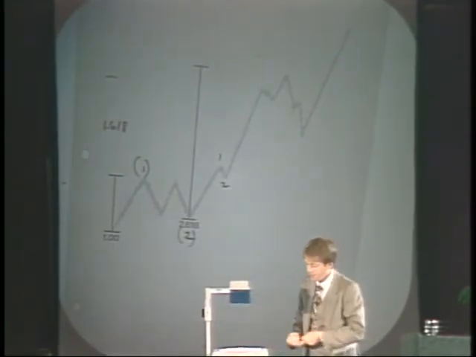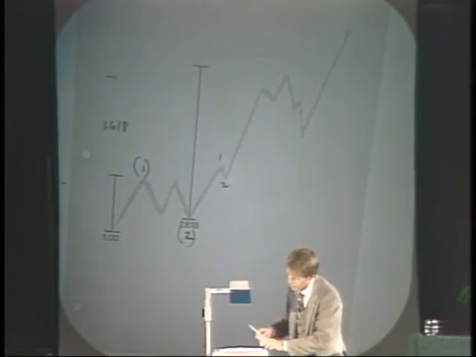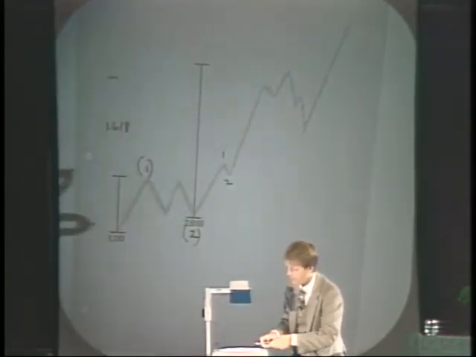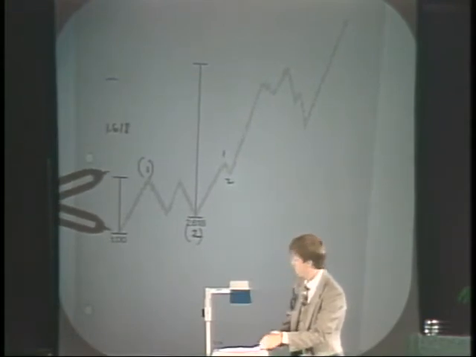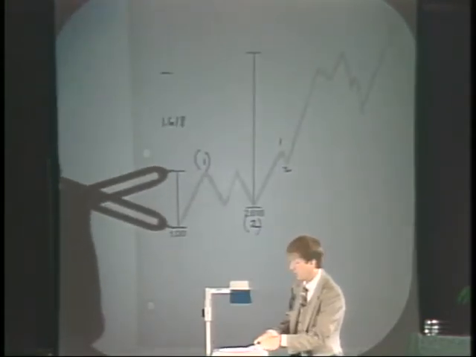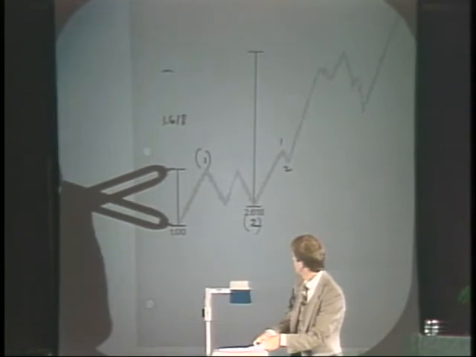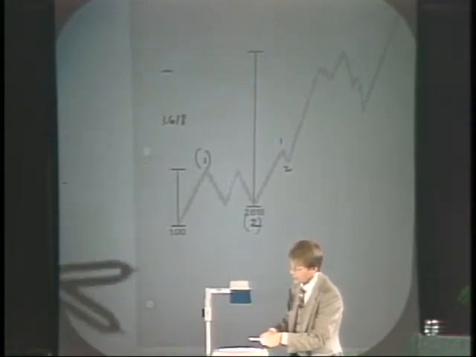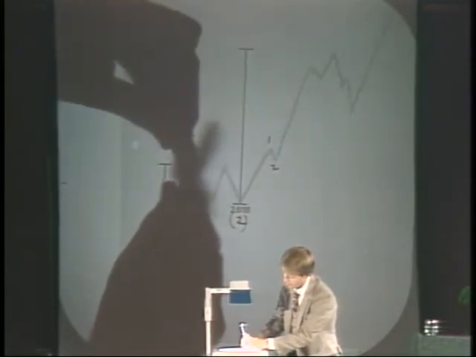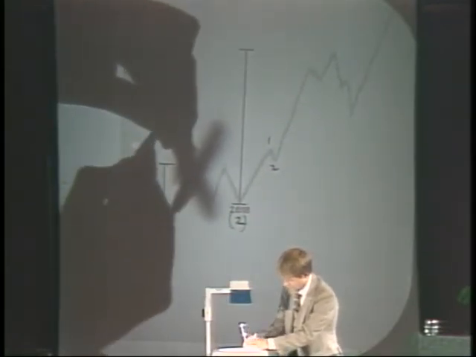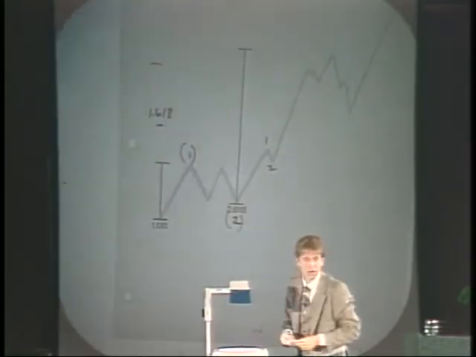As an alternate, you could also do this in this fashion. You're looking for a multiple, you're desiring 2.618. You measure wave 1 first with the narrow end of the compass. You flip the compass and make a mark. That's 1.618.